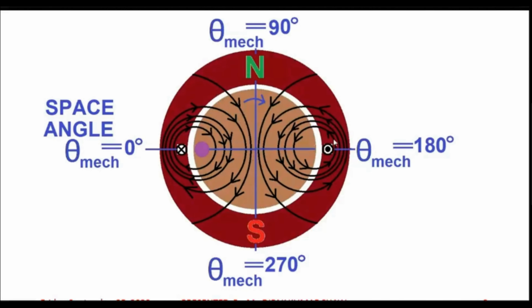So you can see this is the cross-sectional view of a two-pole rotating electrical machine, and both the stator and the rotor are cylindrical in geometric shape. That's why when you are taking the cross-sectional view, it is appearing as a circle.